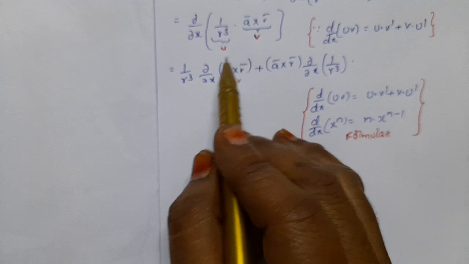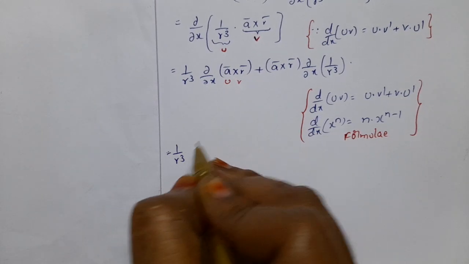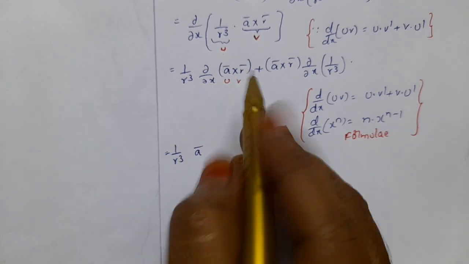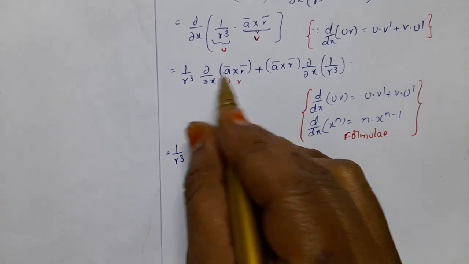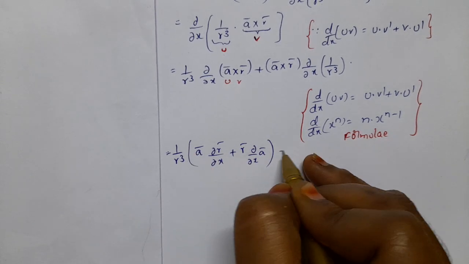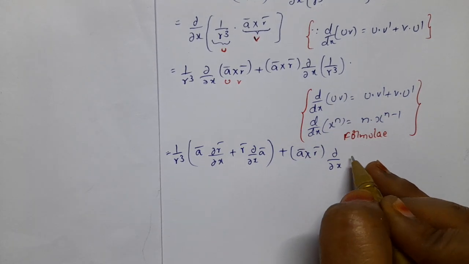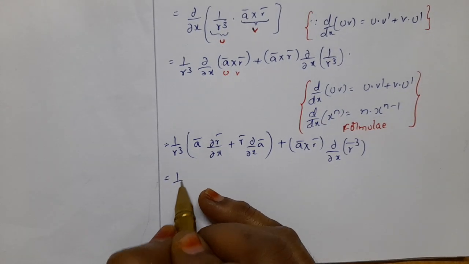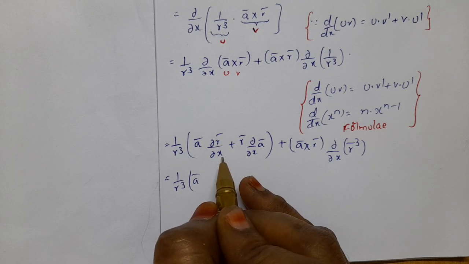Again, this bracket can be treated as u into v: 1 by r cube, u, into derivative of v, plus v into derivative of u, plus a bar cross r bar into dou by dou x of r power minus 3. That is 1 by r cube a bar cross dou r bar by dou x.